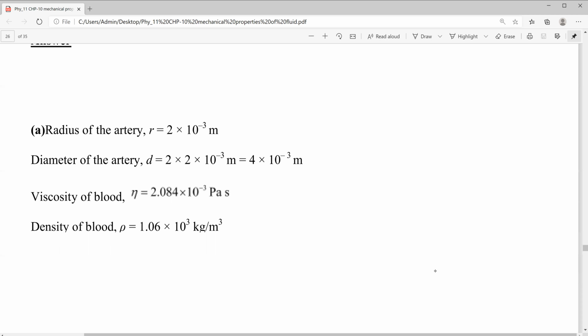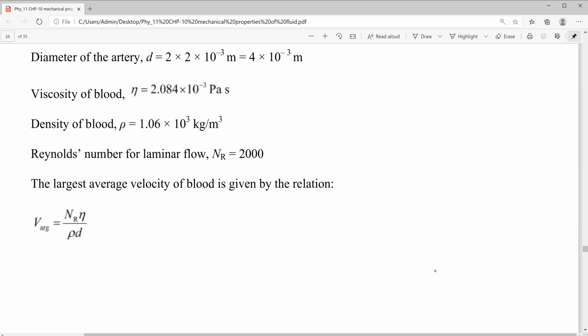From the question, they have given the diameter of the artery, that is 4 into 10 to the power of minus 3. So the diameter is 4 into 10 to the power of minus 3. That is the diameter of the artery.